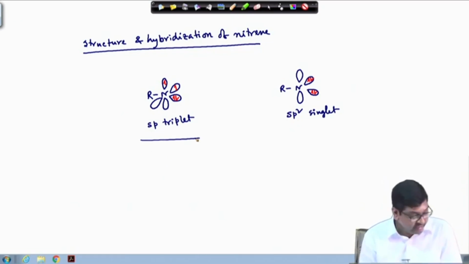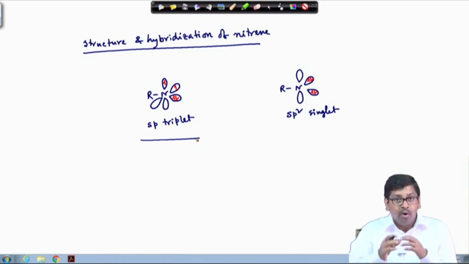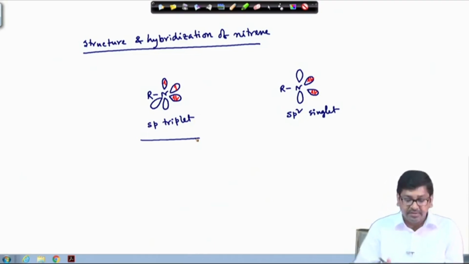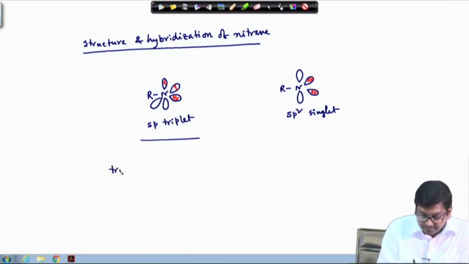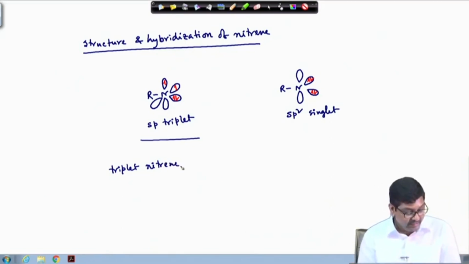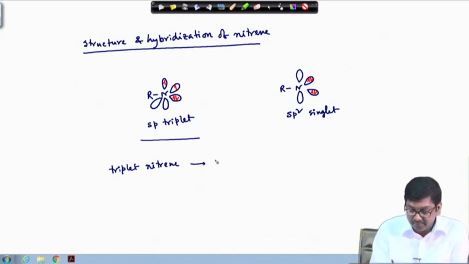So, in the ground state, this is the triplet state, which is lower in energy than the singlet state. Okay. Now, once this type of nitrene is formed, like triplet nitrene or singlet nitrene, in case of triplet nitrene, it behaves like a biradical.